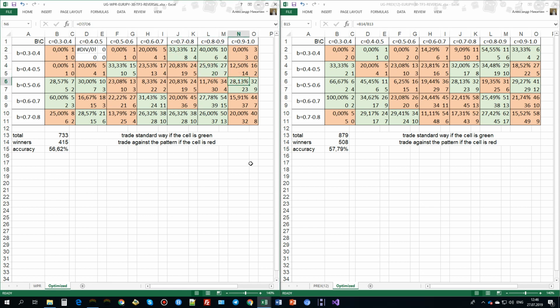Well, there is no tendency yet. It looks like this zone and this zone of patterns has a tendency to win, and also we have this zone and this zone of the pattern to have a tendency to win.